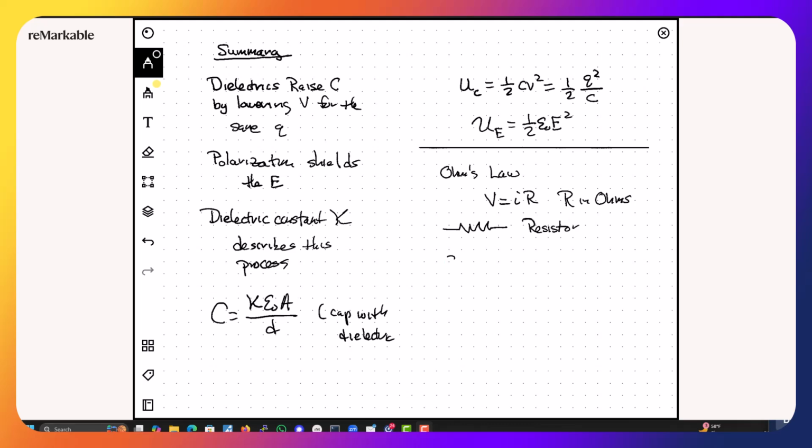And series resistors have the same current, and they add: R equivalent is the sum of the resistances.